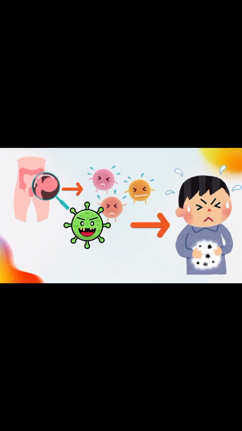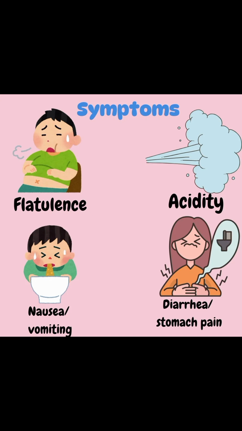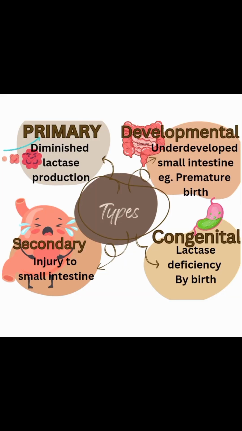And in the colon, there are certain bacteria which are naturally present there, and their action on lactose will cause the symptoms of nausea, vomiting, diarrhea, and all the other symptoms of lactose intolerance. Generally, there are 4 types of lactose intolerance: primary, secondary, developmental, and congenital.